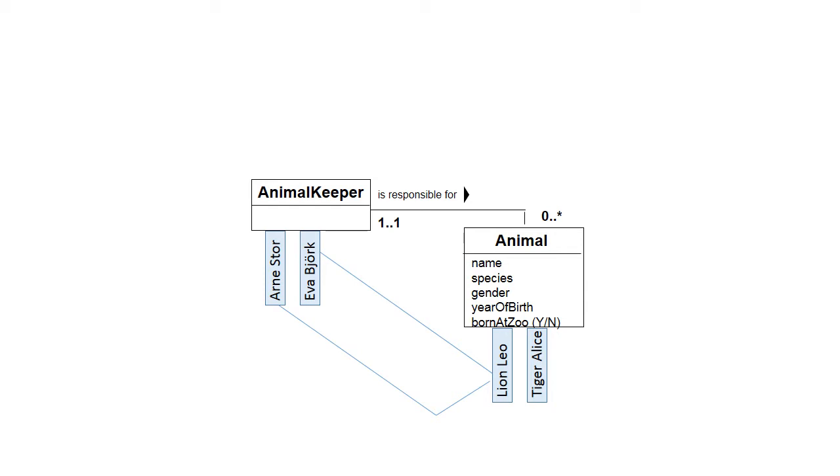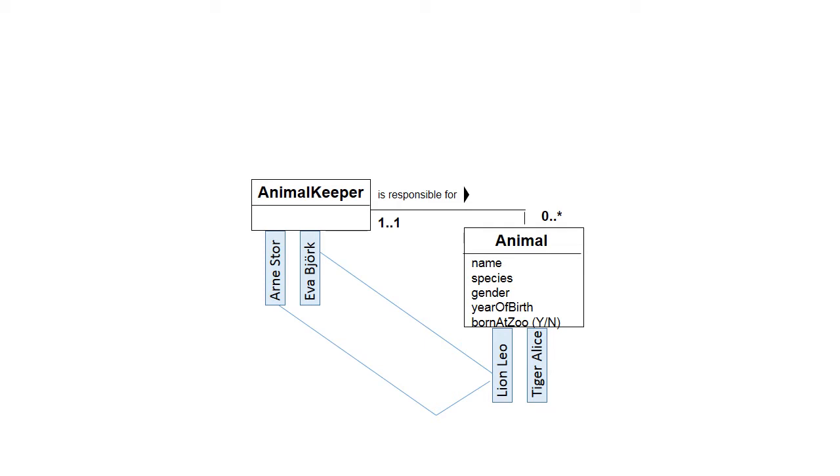In this case, Leo is linked to Eva Björk and Arne Stor, which means that if we go from animal to animal keeper and check the multiplicity, we see it's 1 to 1, which means that one animal object needs to be linked to exactly one animal keeper object.